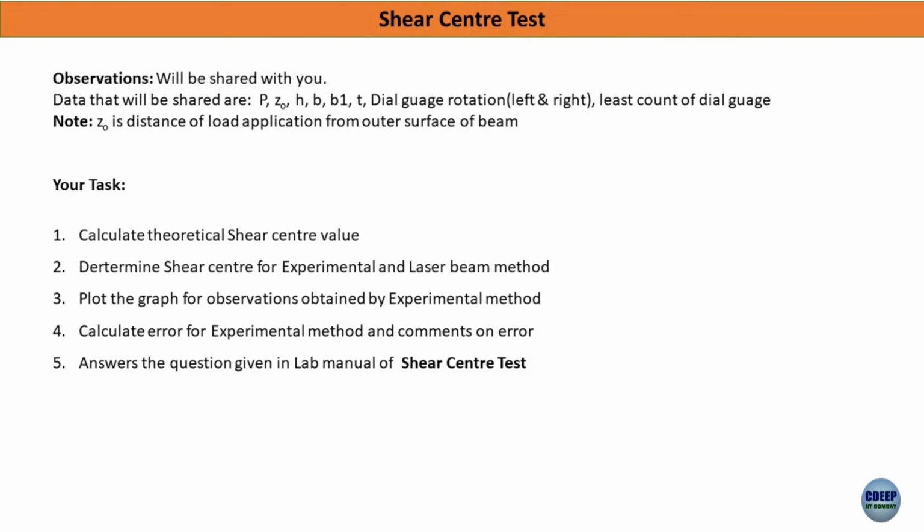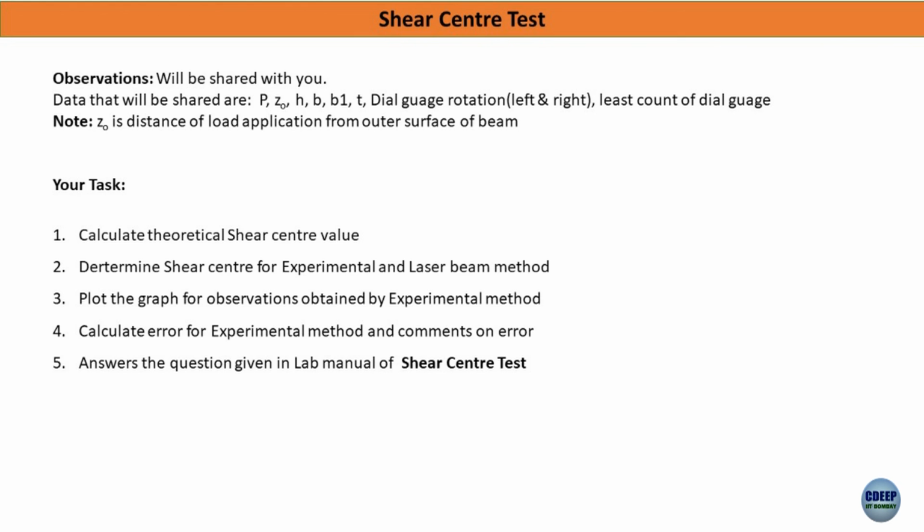The observations will be basically the load applied and the distance of the load application from the outer surface of the beam, the height of the cross section, and the various widths and thicknesses of the cross section, and the readings for the dial gauges and the least count of the dial gauge will all be shared with you.